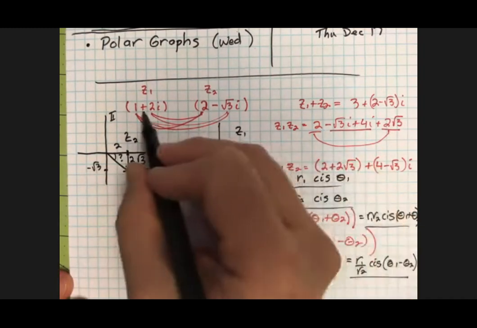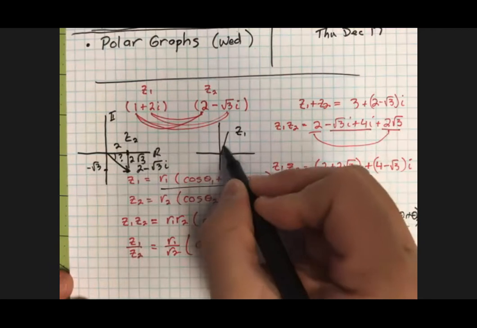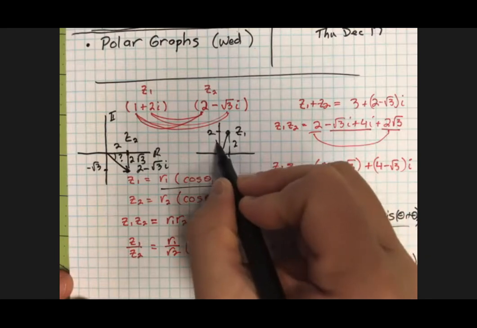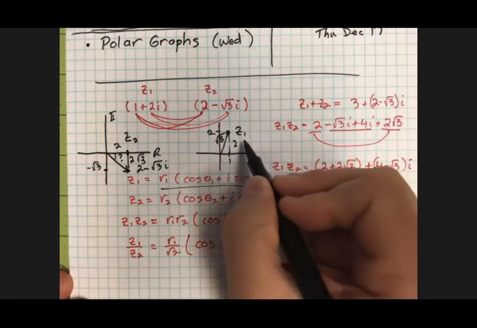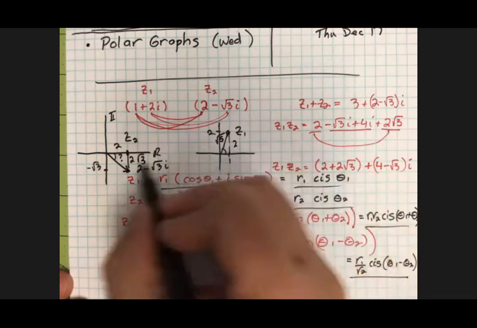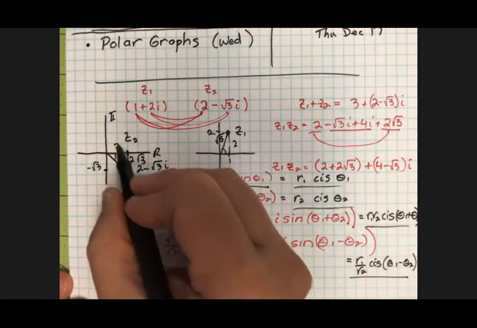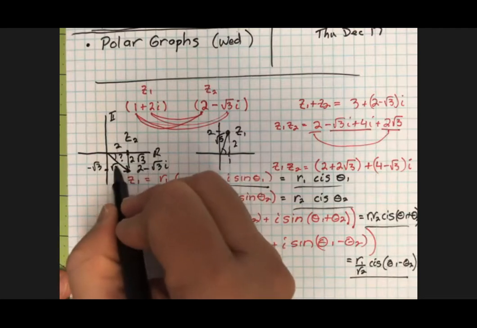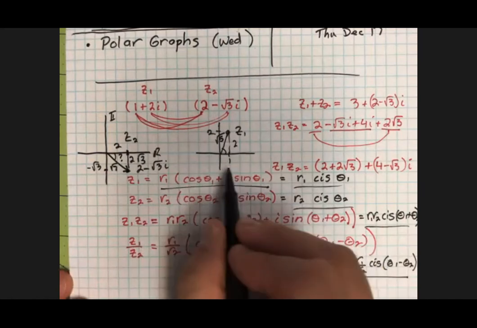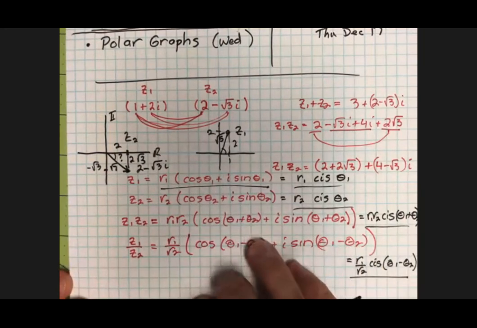Z1 would be 1 plus 2i. You would look at a triangle like this: 1, 2, radius root 5. And then you have to work out what this angle is. Here the radius, 2 squared and root 3 squared, would be 4 plus 3, so root 7. Okay, so that's just very quickly drawing what we did last time.